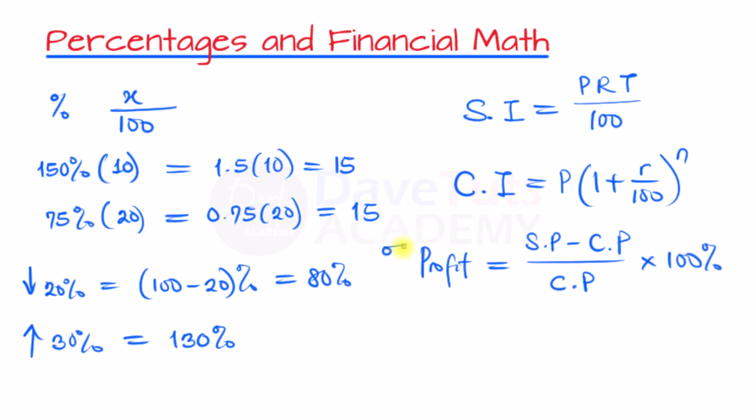So this is your percentage profit, and percentage loss will be the reverse of it. That means your cost price is greater than your selling price. But this is not only applicable to this. You can also look at something like percentage error, in which you will be looking at the error itself over the actual, then multiplied by 100%.